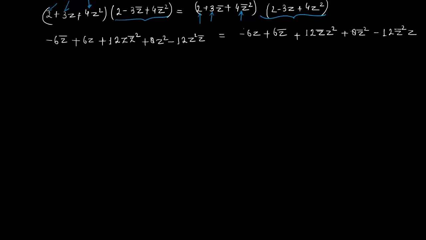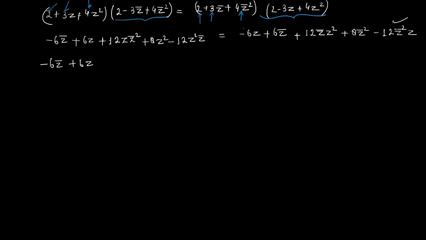Here 4z bar square z square and 4z square z bar square, this term is of no need. So let me simplify more here. It's minus 6z bar plus 6z, 12z z bar square.